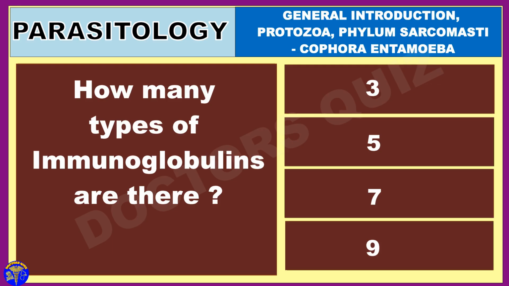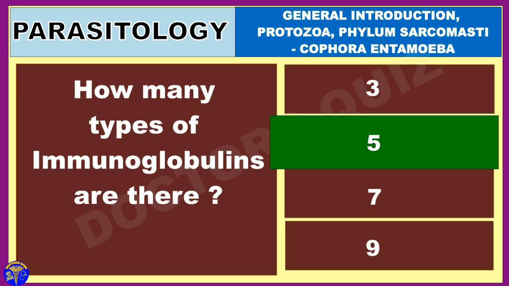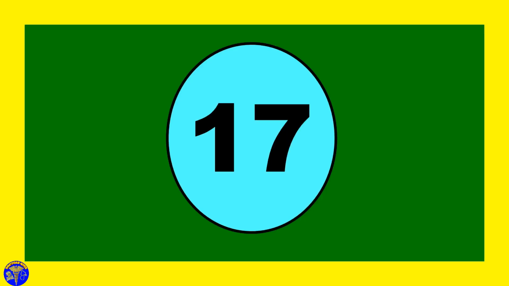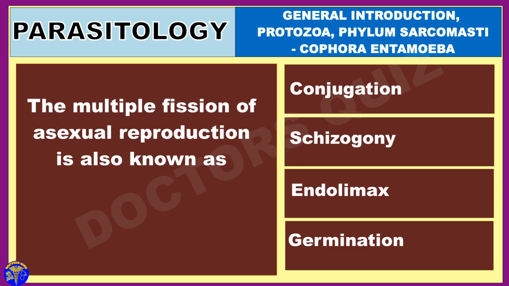How many types of immunoglobulins are there? 5 types. The multiple fission of asexual reproduction is also known as cystogony.